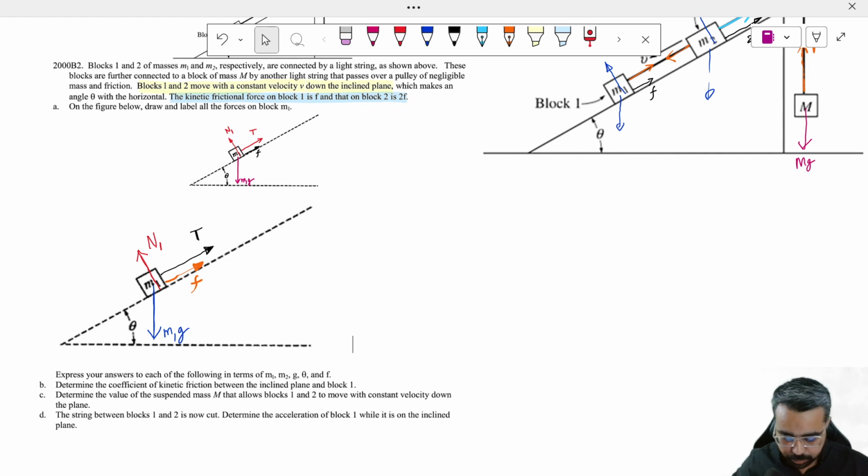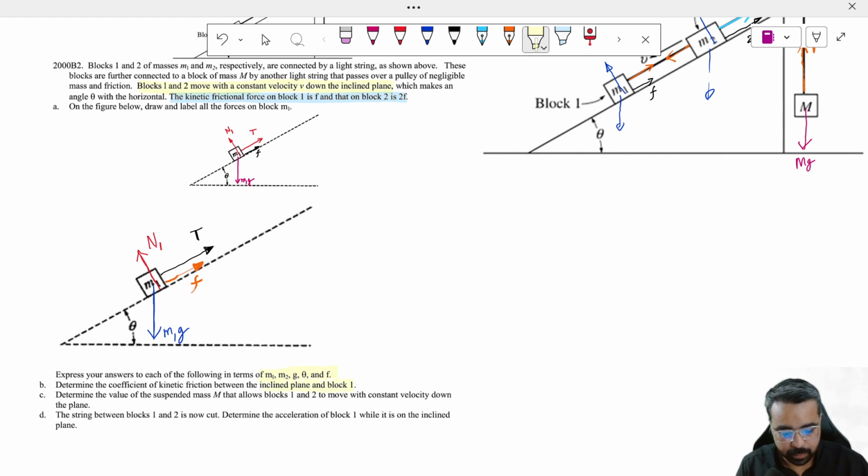Now let's move to the next question, in which they say express your answer in terms of these variables. The first question is to determine the coefficient of kinetic friction. As the object is moving, it is experiencing kinetic friction between the inclined plane and block 1.